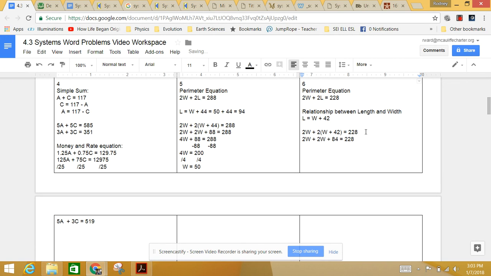Now I combine my W terms, and I get 4W from 2W plus 2W, still plus 84, equals 228. 4W is not isolated yet, so I need to get rid of the 84. So I've got 4W equals 228 minus 84.